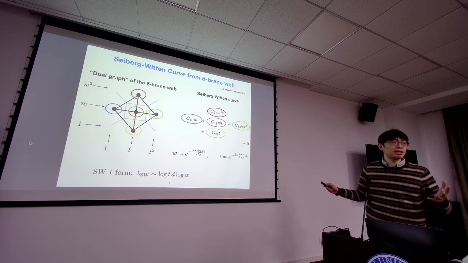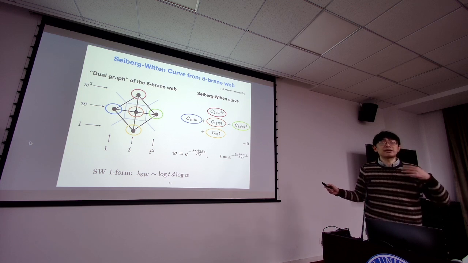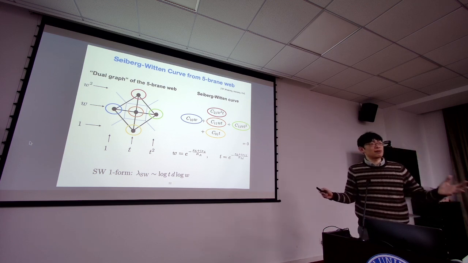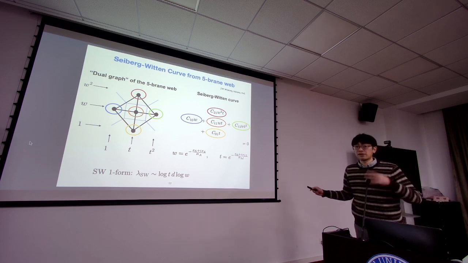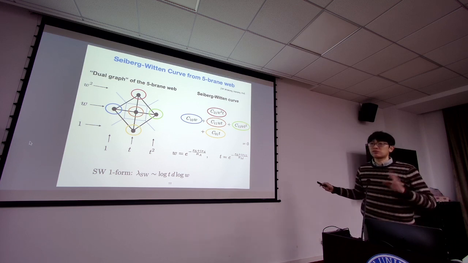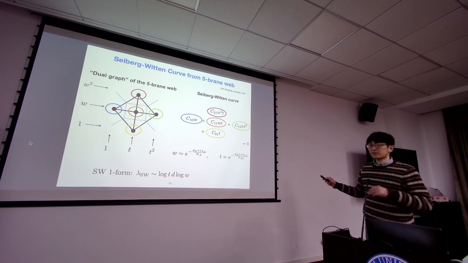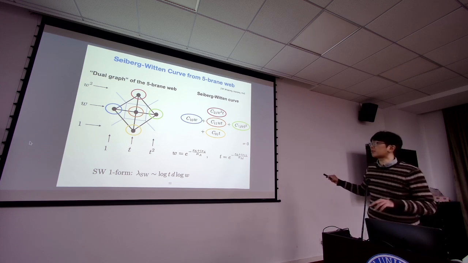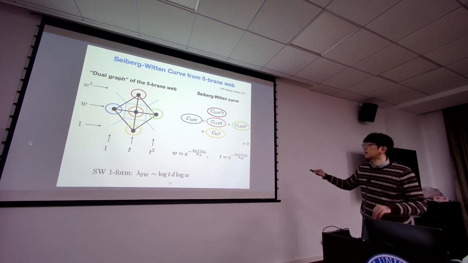And finally, we would like to rewrite in terms of gauge theory input, like the instanton factor or hypermultiplet mass, and also the Coulomb moduli. But still, the rough shape of the Seiberg-Witten curve is very straightforwardly written in this process.